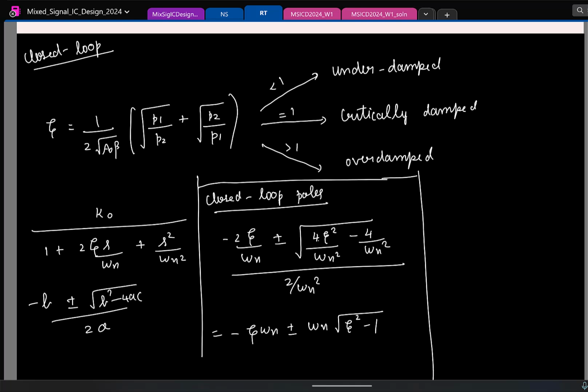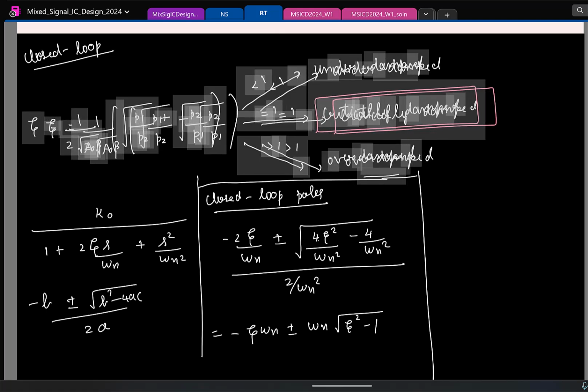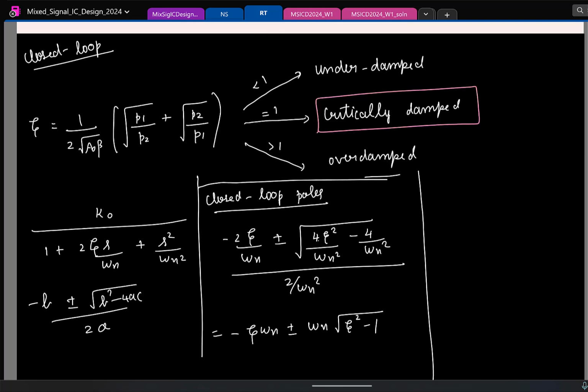So let us say if zeta is equal to 1, what can you say about the closed loop poles? Real, but what about the location? Some more information can you give me? They are both equal. That's the important thing. So let me mark the closed loop poles as P1 hat and P2 hat.